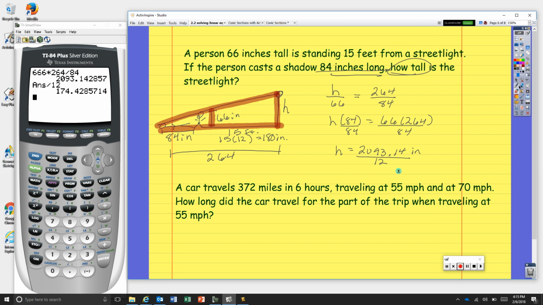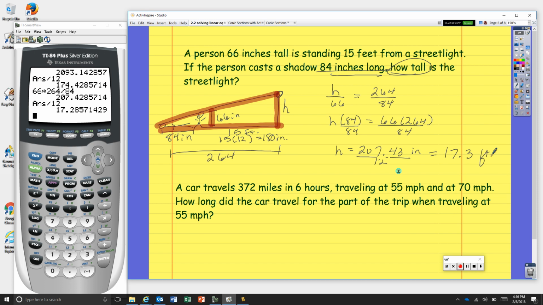So let's retype that. 66 times 264 divided by 84. 207.43 divided by 12. 17.3 feet tall.